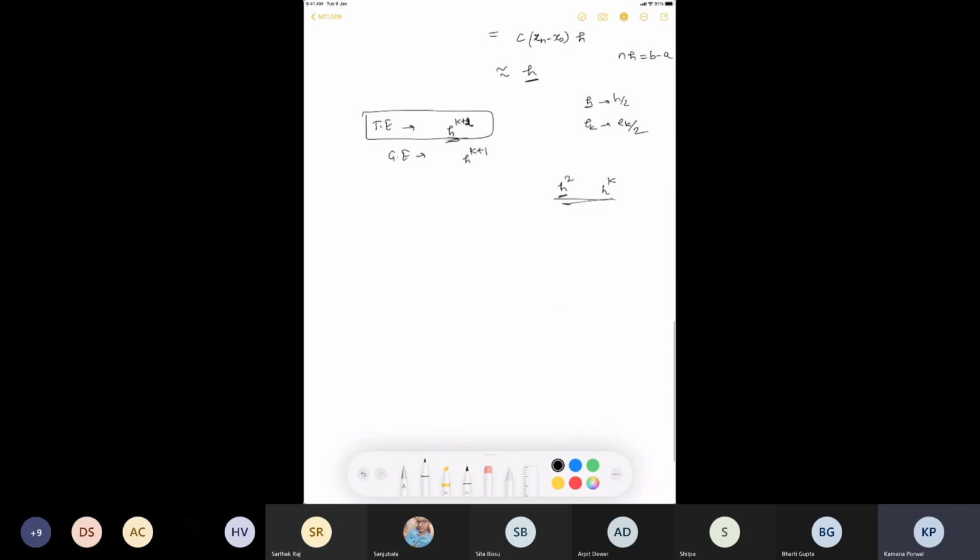So let's formally obtain the formula. This is called the modified Euler's method. Basically, we are going to modify Euler's method in a certain way to get a better convergence. Okay, so let's see how we do it. What is the aim here?